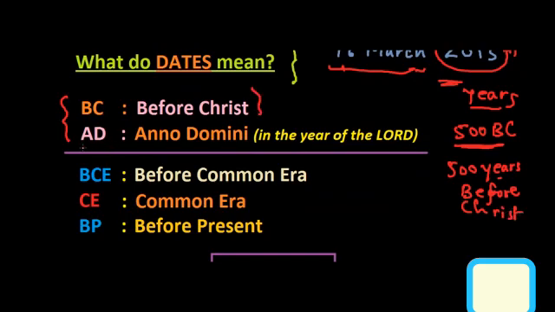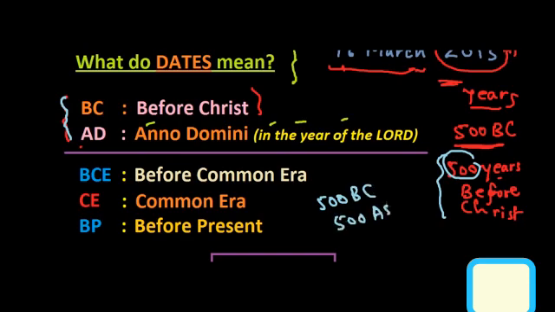And similarly, if we write AD, that is Anno Domini. Anno Domini means in the year of the Lord, in the year of God. Now, these two things, the BC and the AD, are something that we mention after the year. For example, 500 BC and 500 AD means there's a difference of approximately 1000 years.